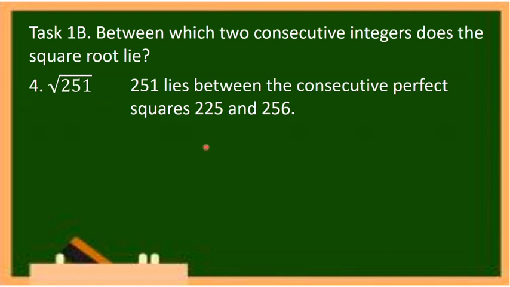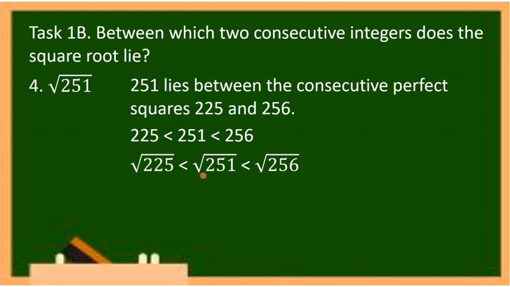So we will have this relationship that 251 is greater than 225 but less than 256. So if we get the square root, the square root of 251 is greater than the square root of 225 but less than the square root of 256. So let us simplify.